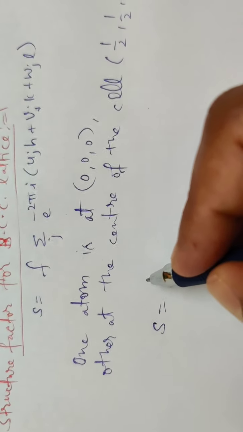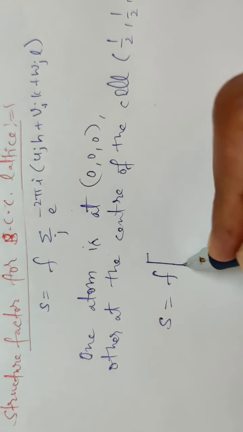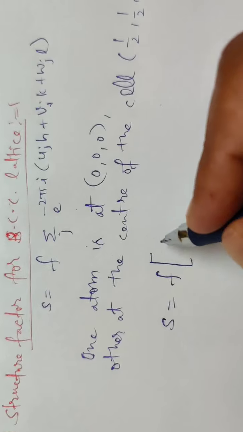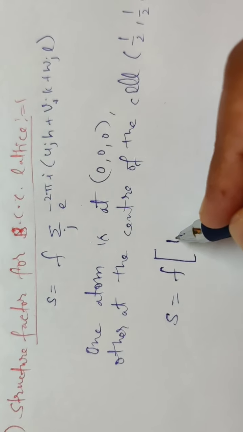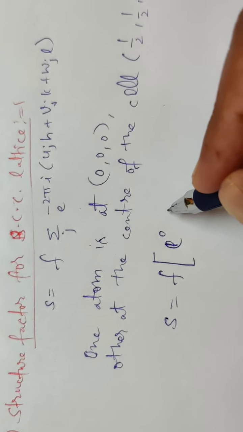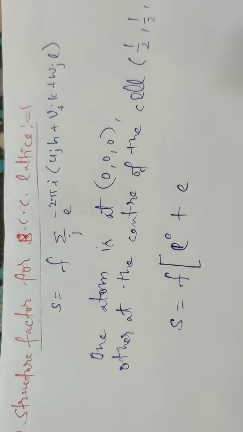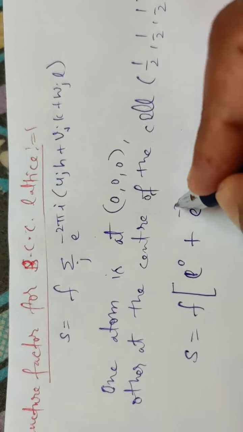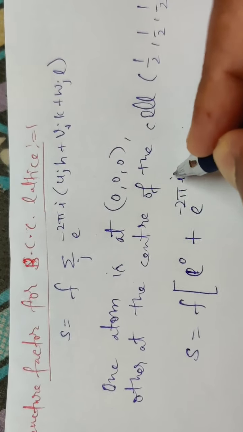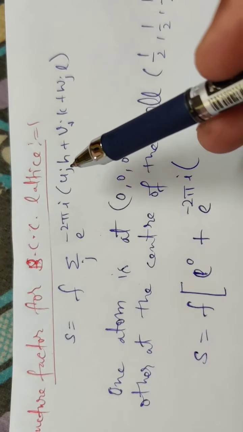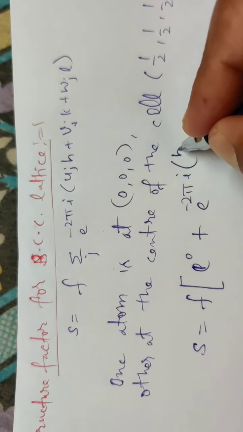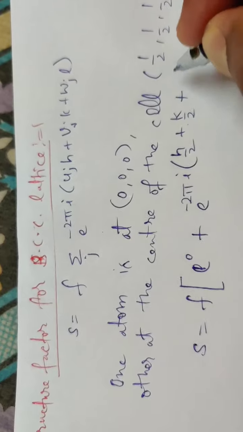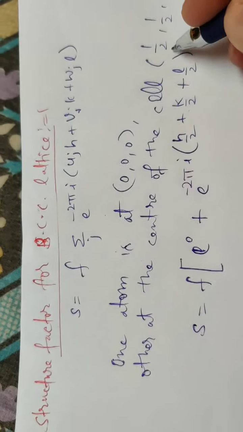So therefore f will be common, and for 0 this will be 1, like in simple cubic, e raised to power 0 will be 1. The other part will be e raised to power minus 2 pi i, with u j equal to half, so h by 2 plus k by 2 plus l by 2.